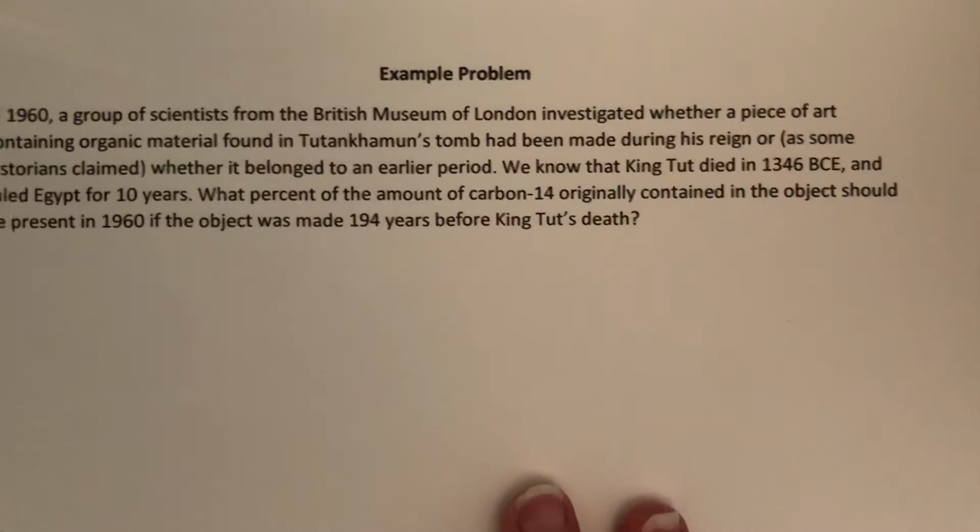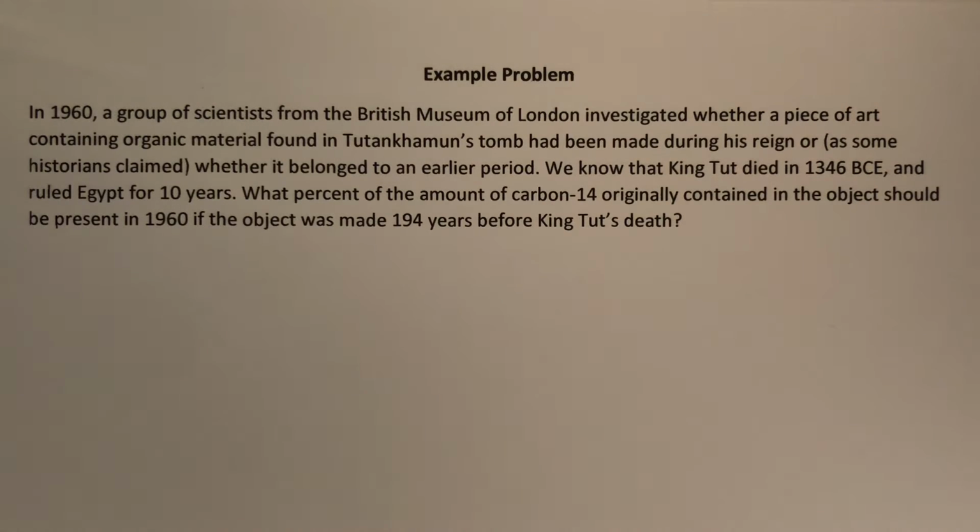So let's look at this last problem. In 1960, a group of scientists from the British Museum of London investigated whether a piece of art containing organic material found in Tutankhamun's tomb had been made during his reign, or as some historians claimed, whether it belonged to an earlier period.